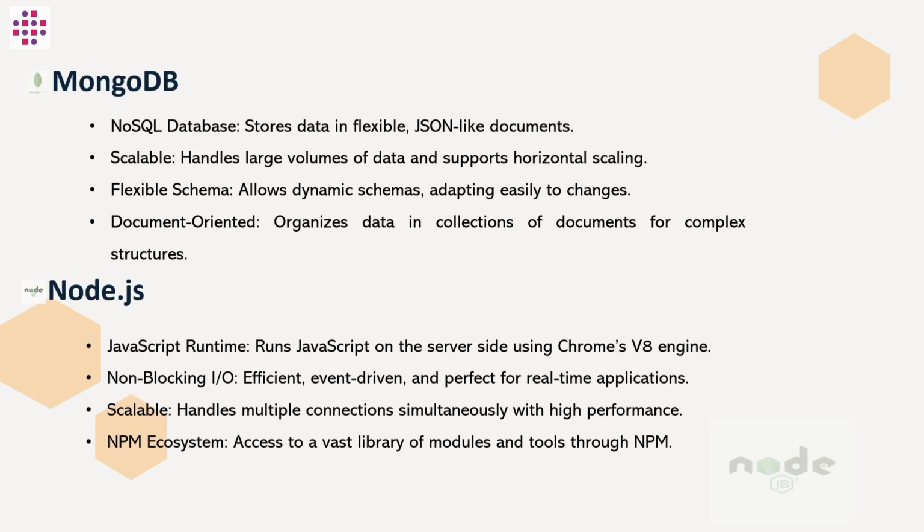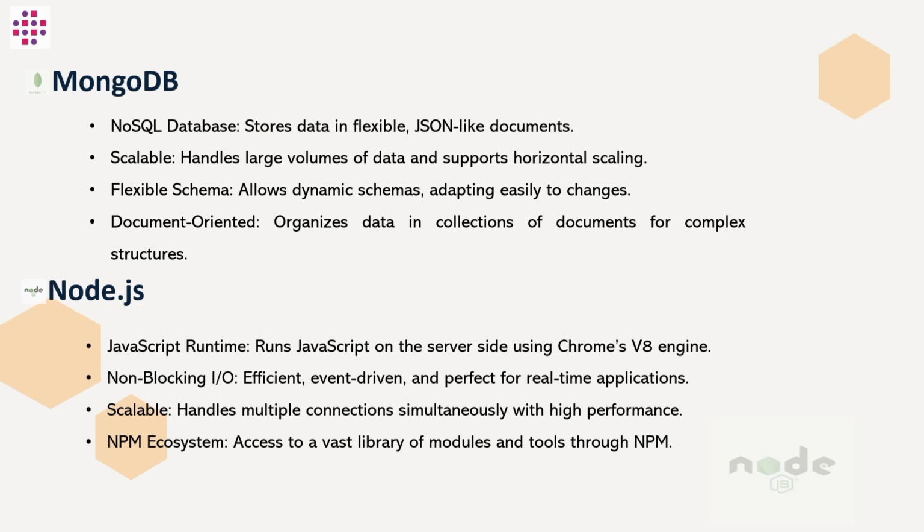Let's talk about MongoDB. MongoDB is a non-SQL database, which is different from traditional SQL databases. Non-SQL databases store data in flexible JSON-like documents. This means you can store and organize data in a way that is easy to work with and does not require a fixed structure.